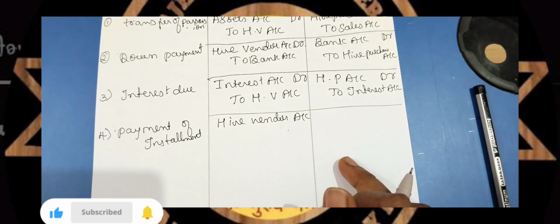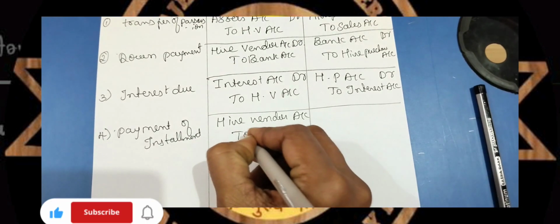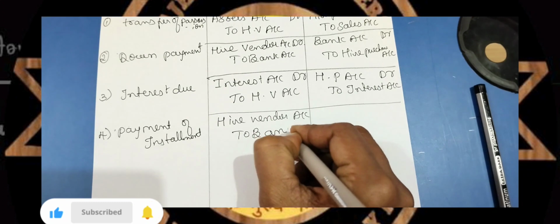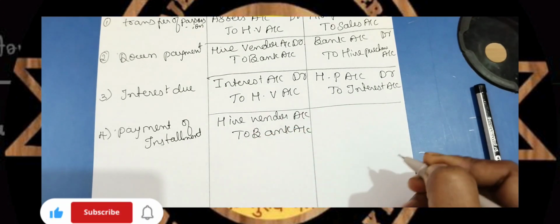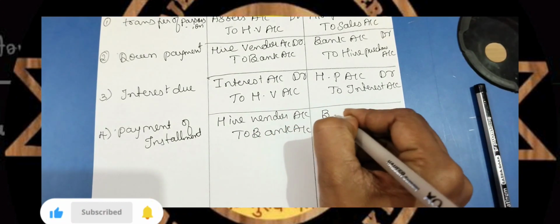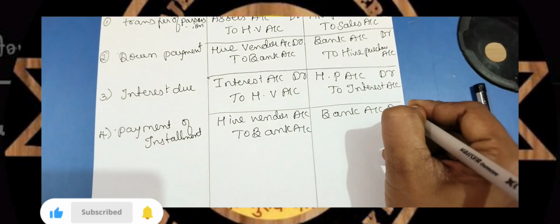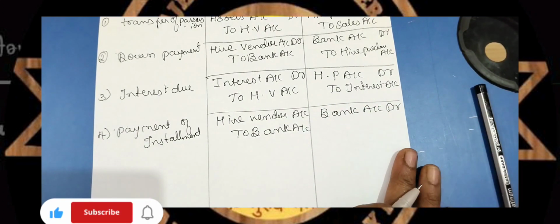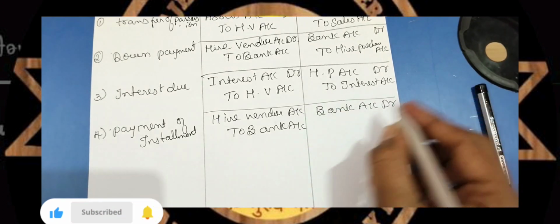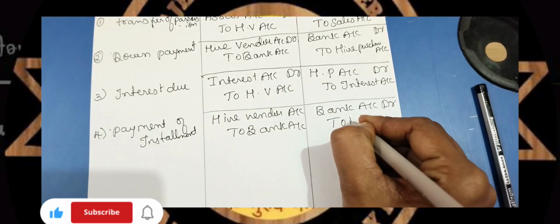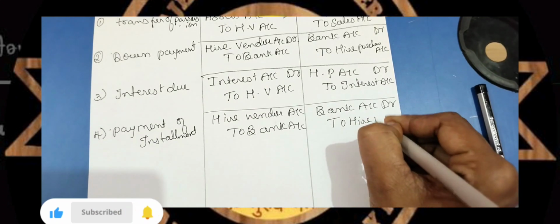Hire vendor account debtor to bank account. And here he is receiving the amount through the bank account debtor. Debit what comes in through the bank, the amount is coming to the bank account debtor to hire purchaser paid amount.